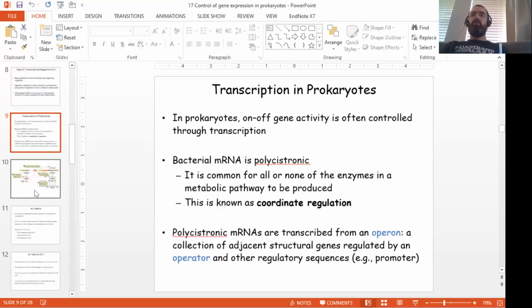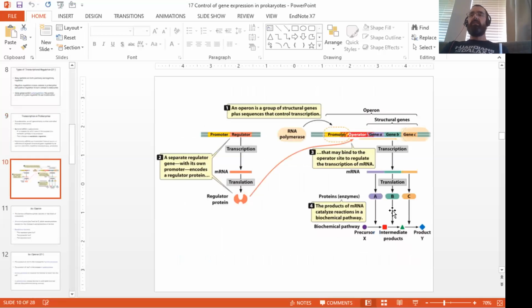Okay, so this is basically the picture that we started with, way up at the beginning of the PowerPoint. This is a very classical layout for a prokaryotic gene regulation system. So you will have an operon over here, which is all of your structural genes, whatever they may encode.